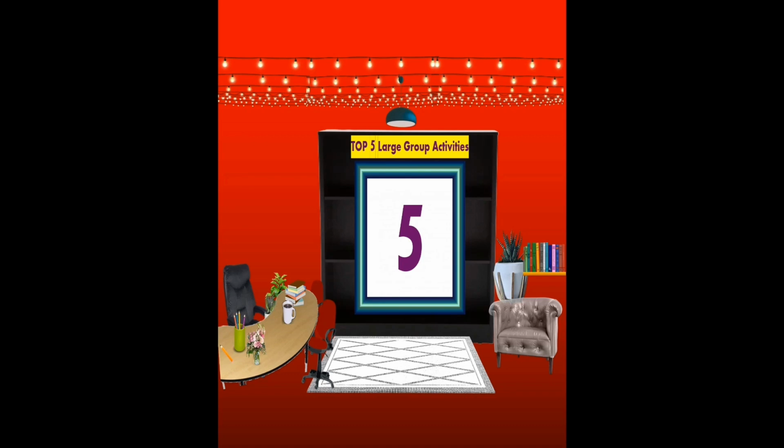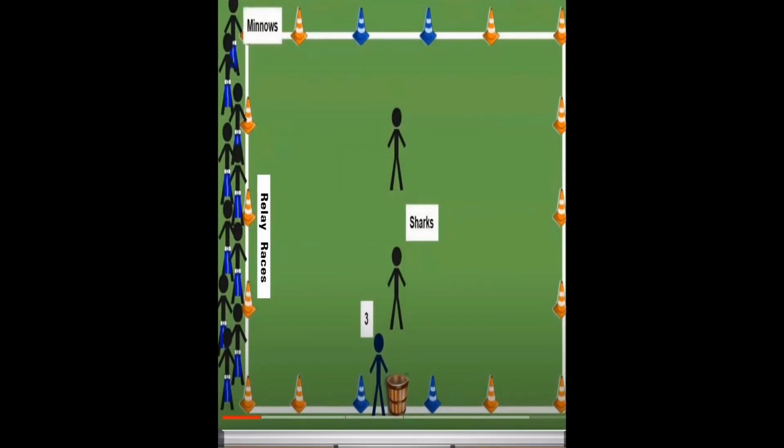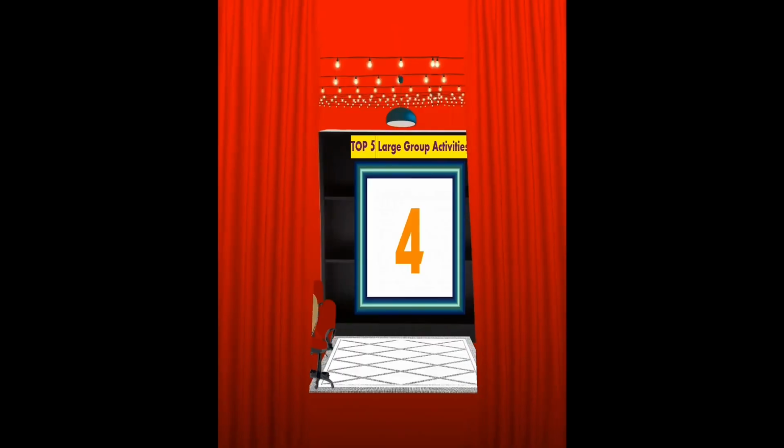Here's a recap. We have number 5 of our top 5, which includes relay races and a game called Sharks and Minnows. Please visit our website to view Accommodating Learners Top 5 Large Group Activities Part 1 if you missed it.